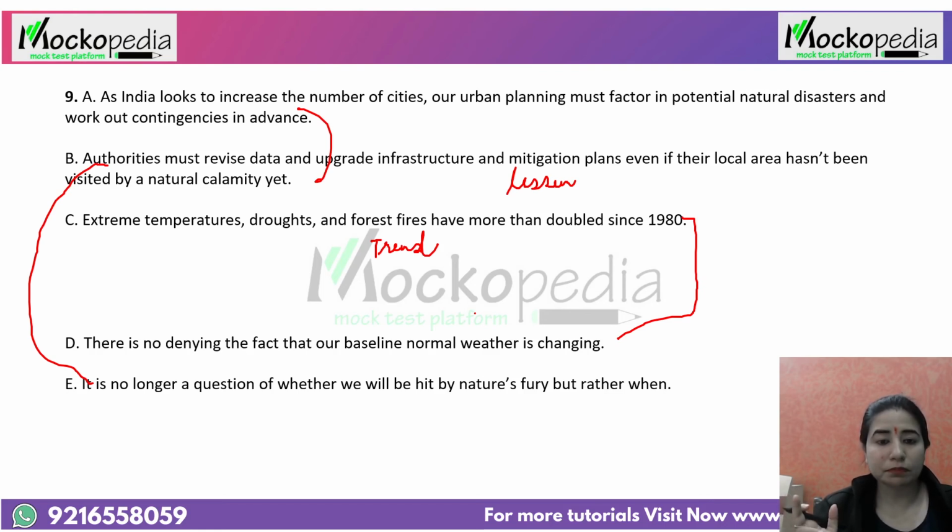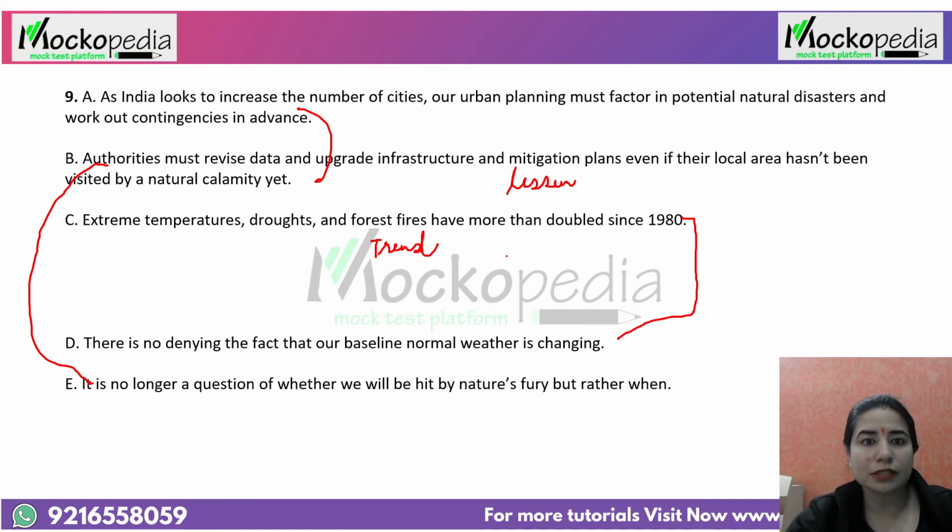So when we say that baseline normal weather is changing, isn't it a broader statement and having justification to fit in the context, or just a trend from 1980? So just ponder over this fact, and clearly then you'll be able to decide that C would be a better choice to pick as the final answer, because that's giving us a generalized picture, and C becomes too specific.